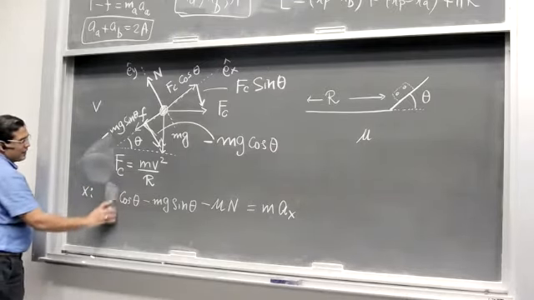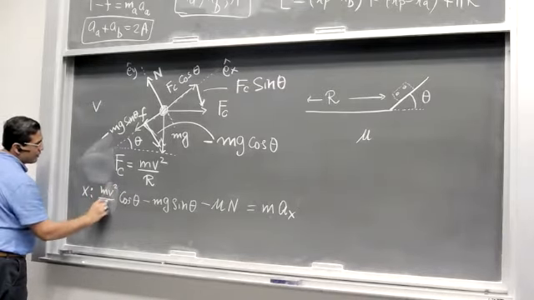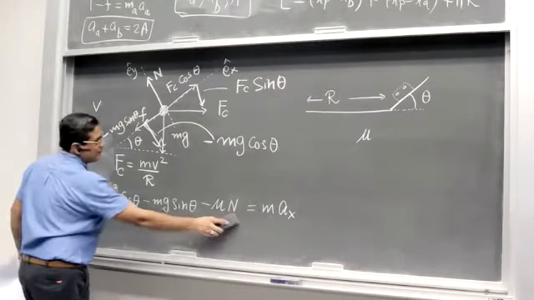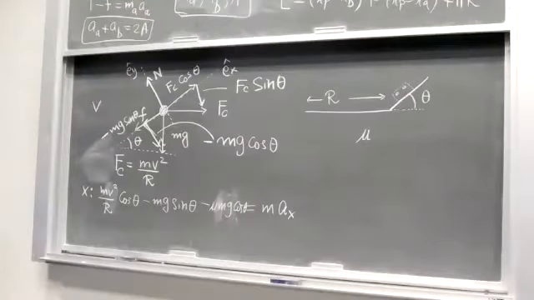So can I just write here mv square over r? Okay. And also, what is n here? What is n? Mg cos theta. All right. So this is more or less the equation.